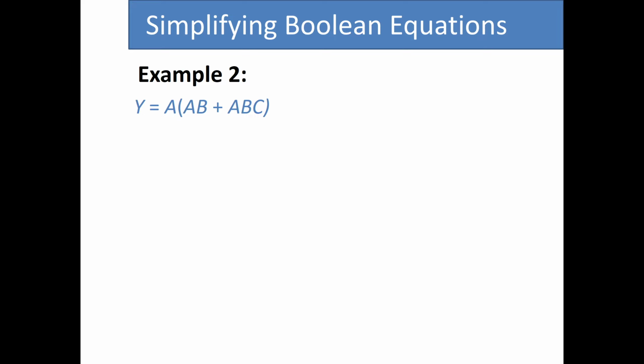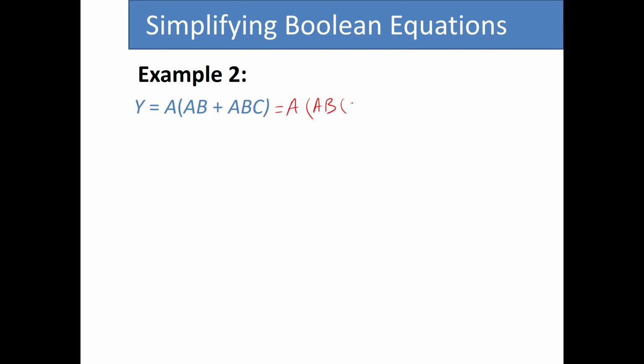Let's just take a look at another example. So here we have A ANDed with AB plus ABC. Inside the parentheses, we see that we have AB in common between the two terms. So we can factor it out.